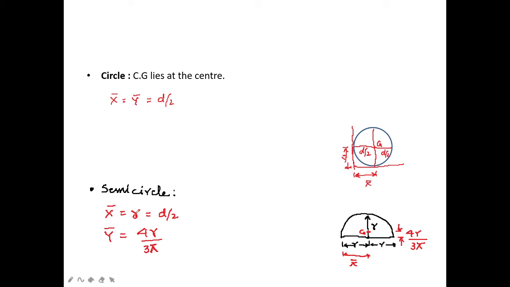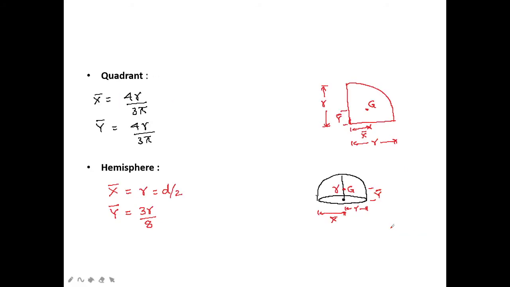Now in case of a semicircle, the center of gravity is shown with point G. So x bar is d upon 2 and y bar is 4r upon 3 pi. Now in case of a quadrant, x bar is 4r upon 3 pi and y bar is again 4r upon 3 pi as shown in the figure.